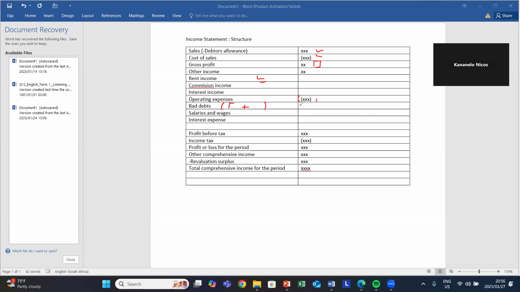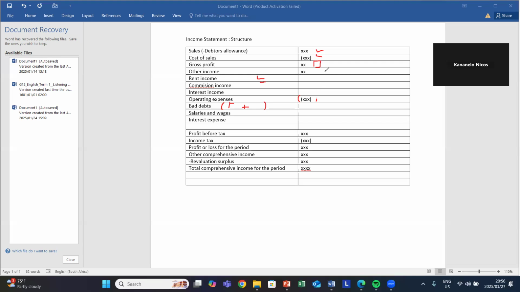Expenses such as your insurance, your bad debts, your consumable stores, your stationery, and so forth, you record under your operating expenses. And then you'll add your expenses, which are bad debts, salaries and wages, and all those we mentioned, and you'll get your total for operating expenses.